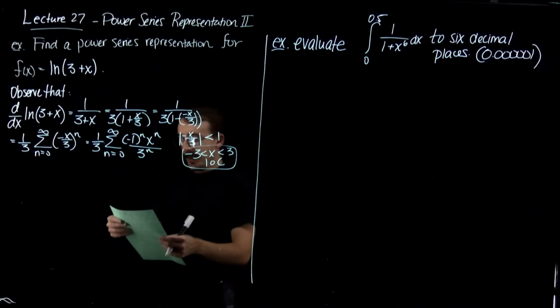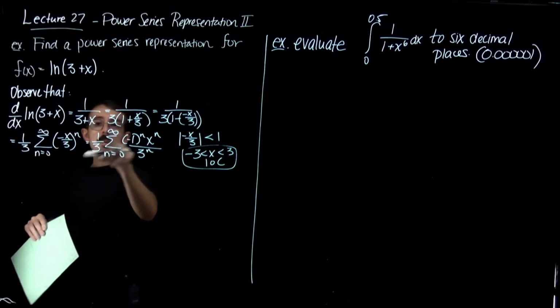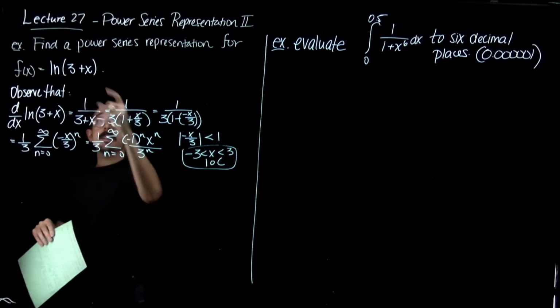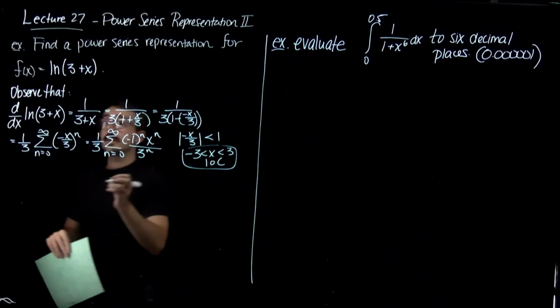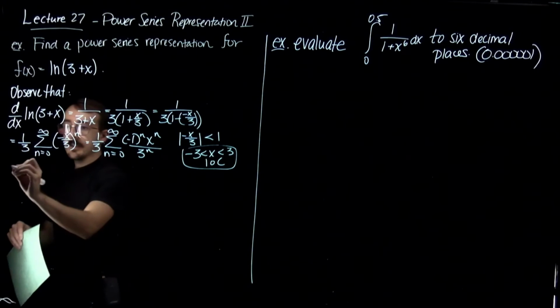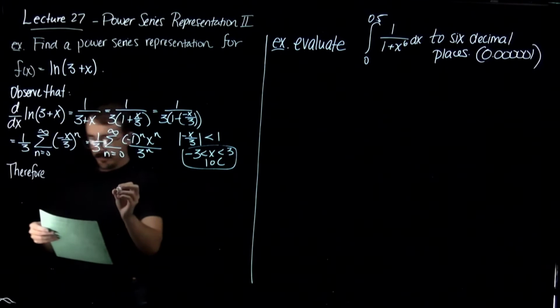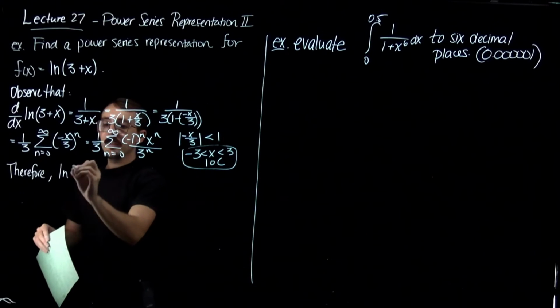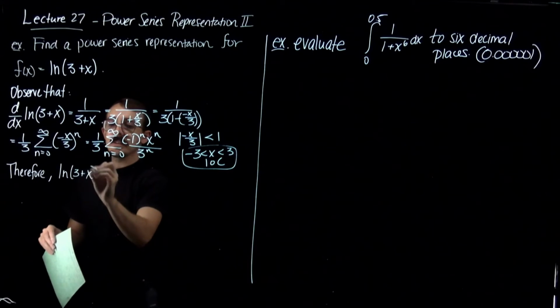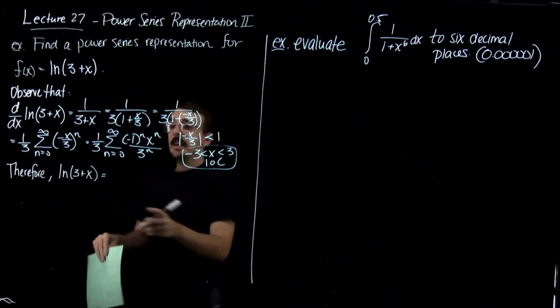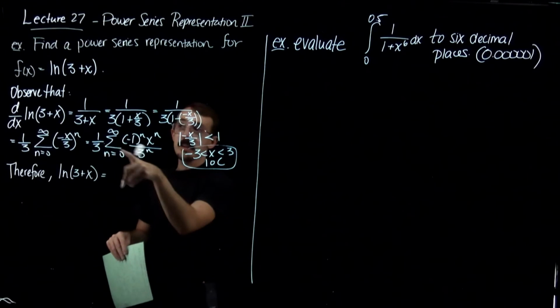OK, so now from here, I'm going to use this to get to the power series representation that I want. So therefore, ln of 3 plus x, well, that's the integral of this, right?